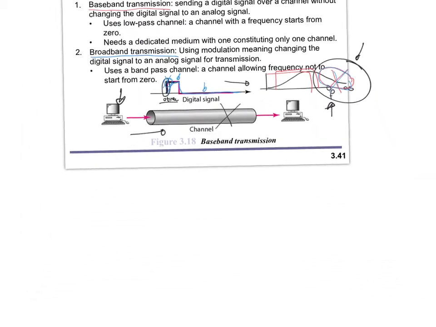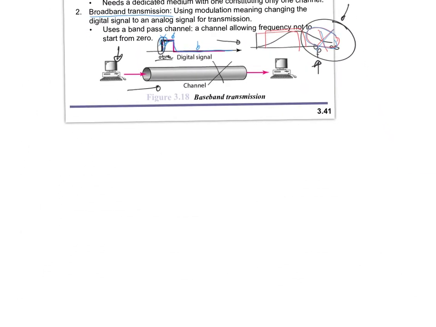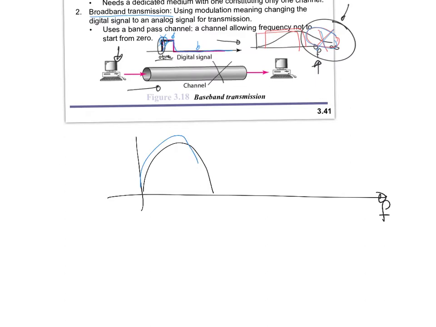How? If we look at the frequency domain, to understand the importance of representing the signals in the frequency domain. If I have two nodes transmitting in the baseband, both of them will be like this, because both of them transfer in baseband.